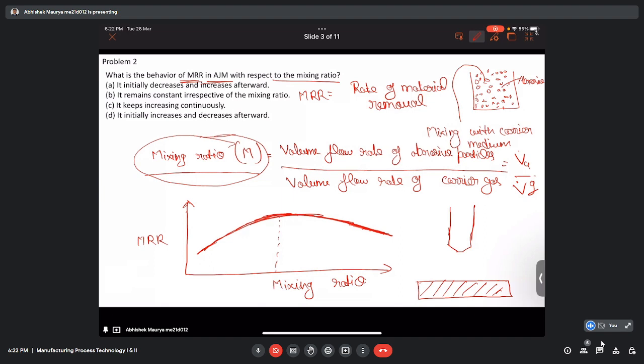Okay, so let's suppose first the case of if we have less mixing ratio, what will happen? Let's say here in this region, what will happen?